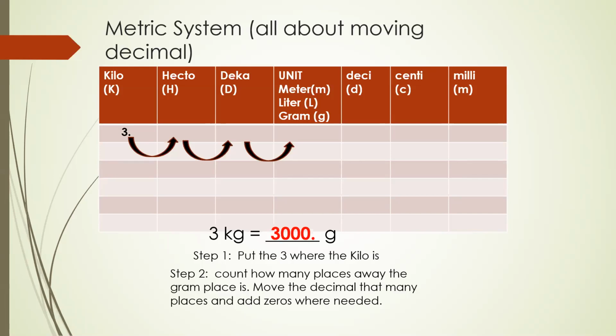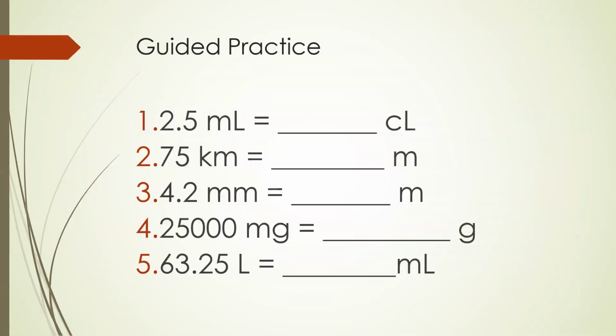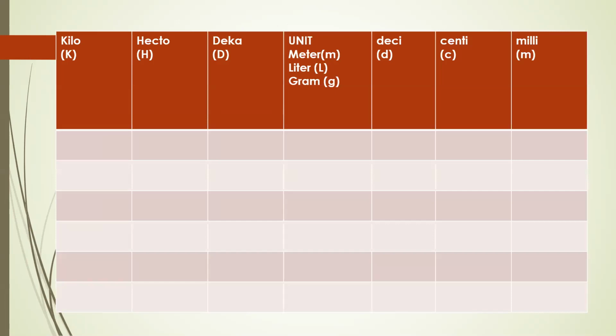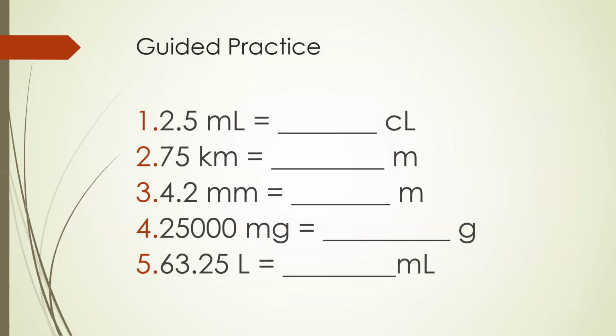All right, let's do another one. This is just showing you the whole chart as it is. Like I said, I'm going to show you a different one in a little bit. But right here, 2.5 milliliters into centiliters.